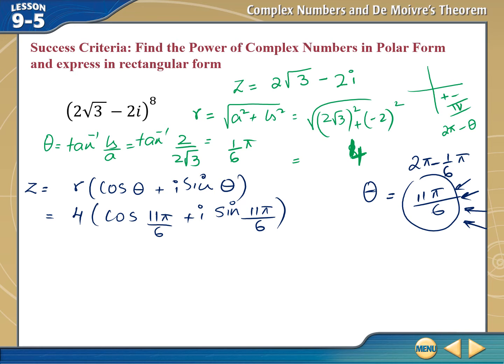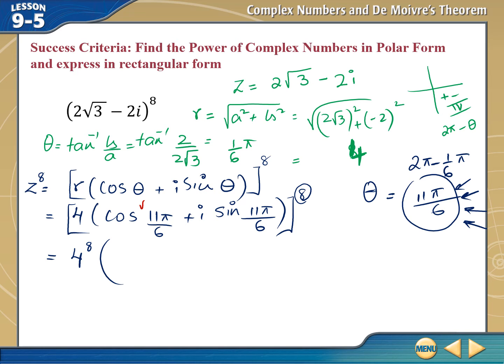Now we have to raise a power which is given in the question as 8. So we have to write the 8 over here, and raise the power of 8 everywhere. Now according to De Moivre's theorem, we write r with the power, it means 4 with the power of 8, and now the power will be multiplied with the angles.